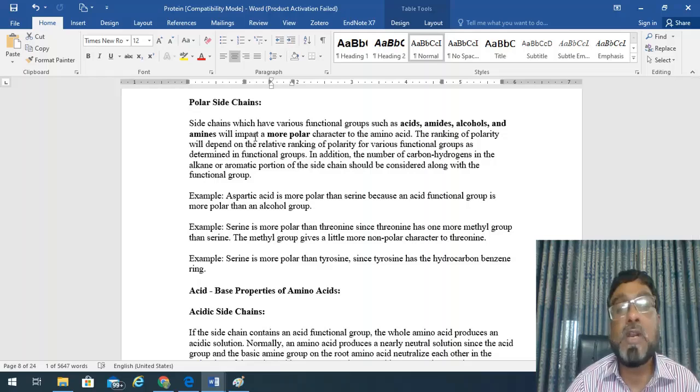And the ranking of the polarity will depend on the relative ranking of the polarity of different functional groups. For example, aspartic acid will be more polar than serine because an acidic functional group is more polar than the alcohol group.